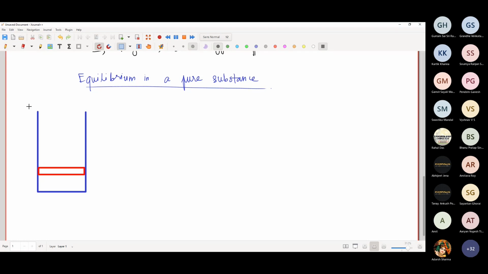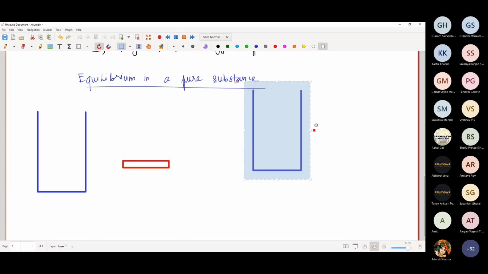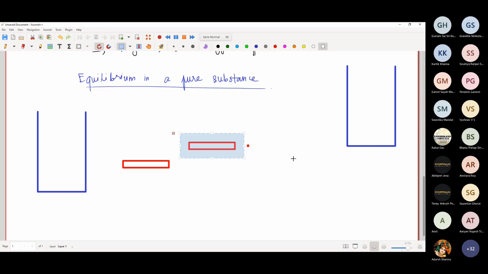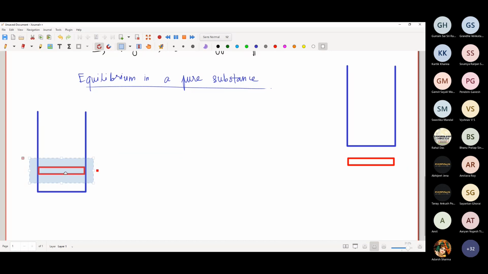In fact, let me just copy this template. Let me just keep both of these things over here. We'll need this. Yeah, okay. So this contains liquid water.